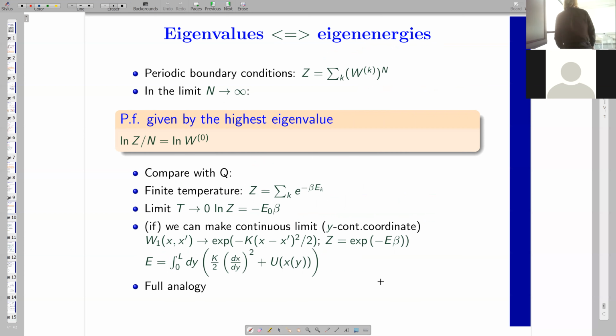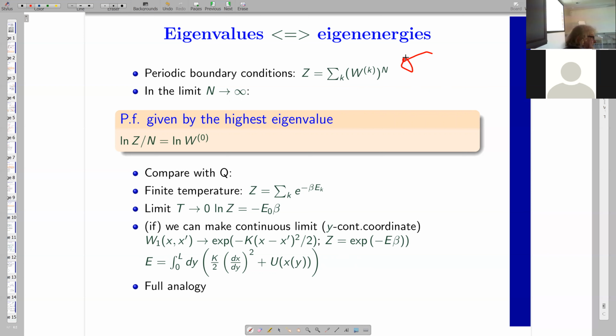The complexity of this expression depends on the number of nodes we actually take into consideration. In general, with periodic boundary conditions, you have a summation over all Ks and all eigenvalues, and each eigenvalue comes with a factor to the power N, the number of nodes. What will happen in the limit of big N?